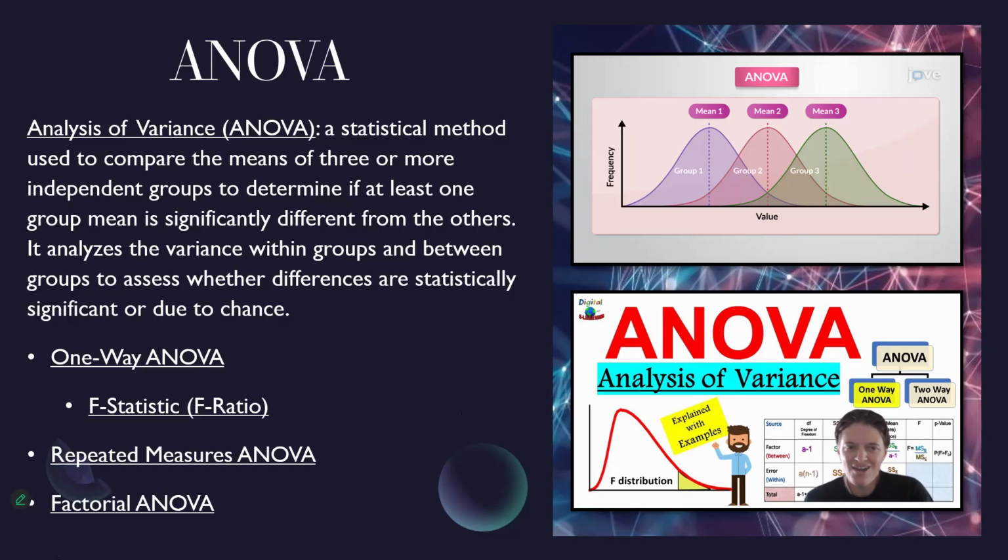We have one-way ANOVAs, repeated measure ANOVAs, factorial ANOVA. We're using the F statistic or the F ratio as our indicator. Again, a little bit more involved, but this is another way that we can do some hypothesis testing when we have three or more groups that we are trying to analyze.